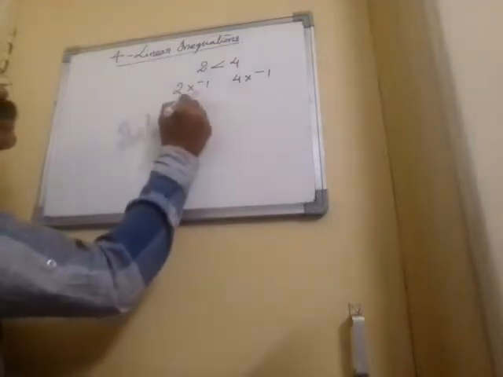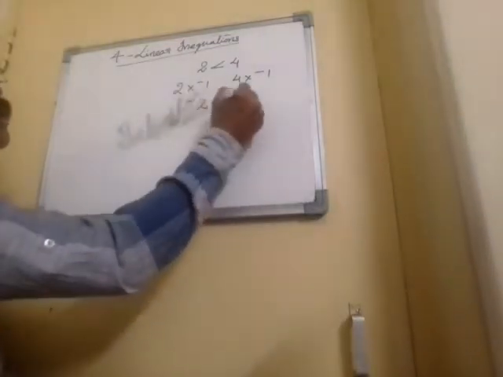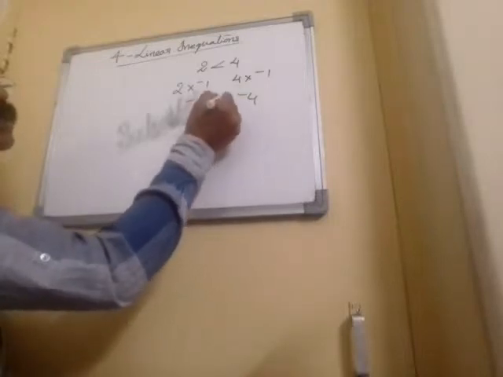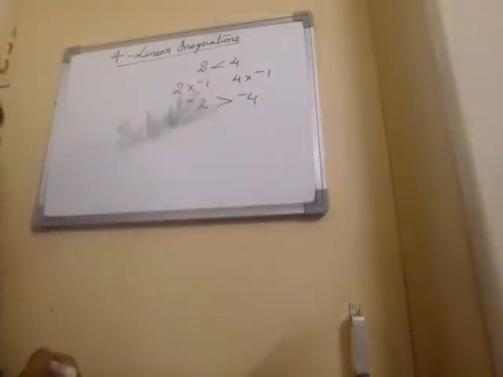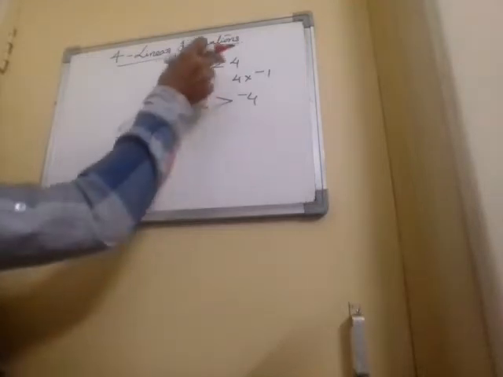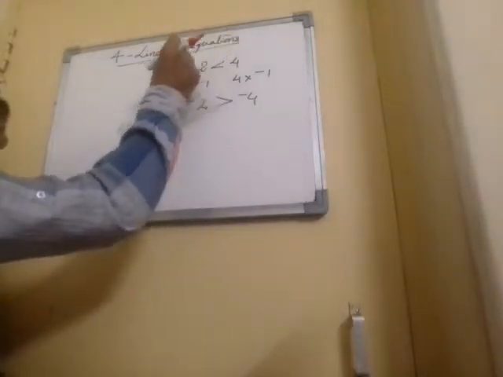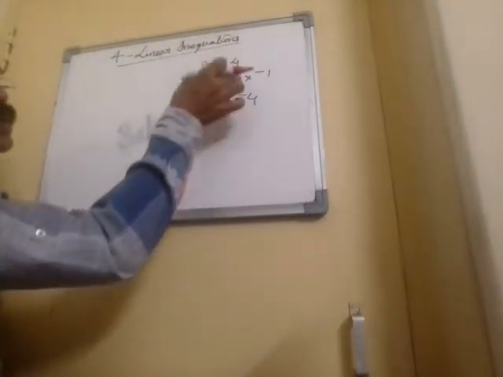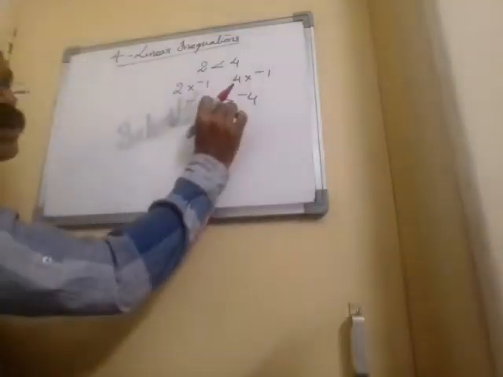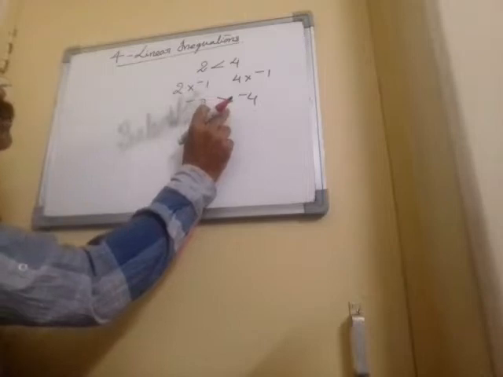We get minus 2 and minus 4, but here minus 2 is greater than minus 4. That means if you multiply with a negative sign on both sides in an inequation, the inequality will be reversed. Less than becomes greater than.